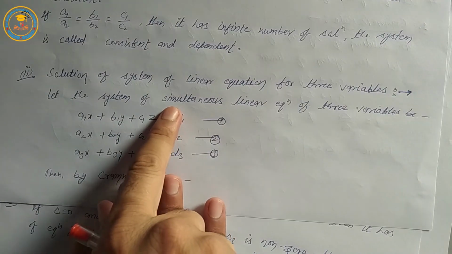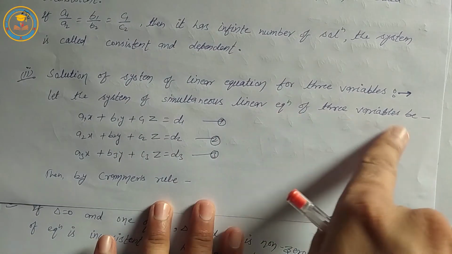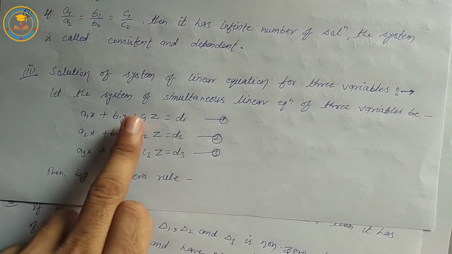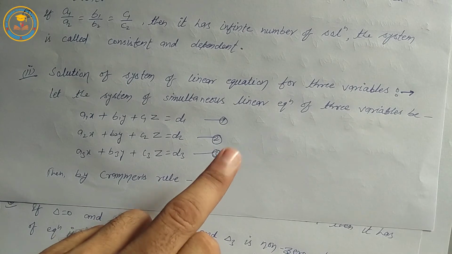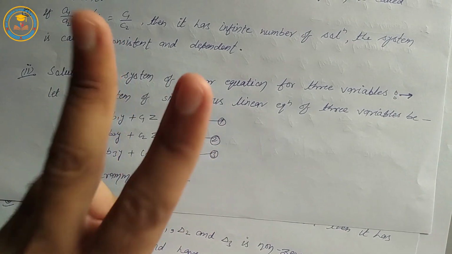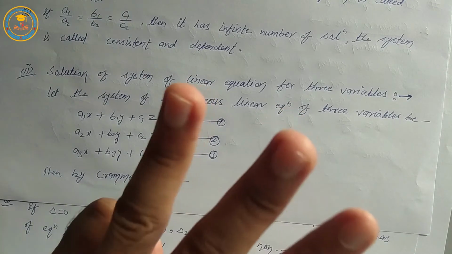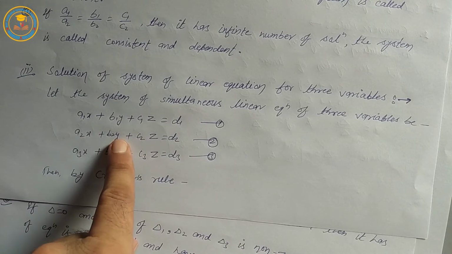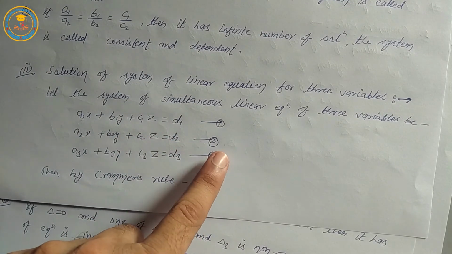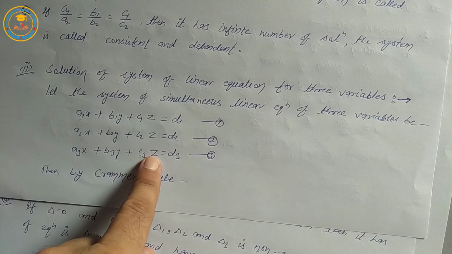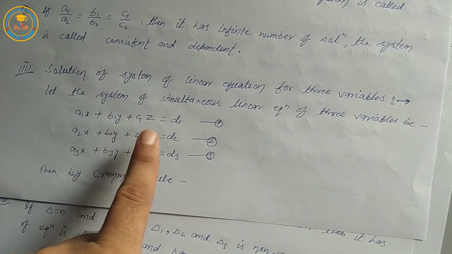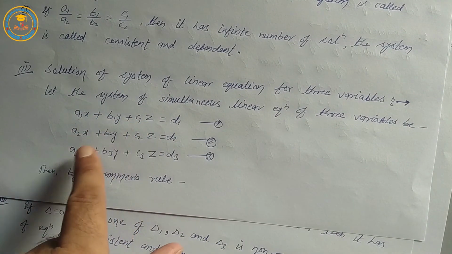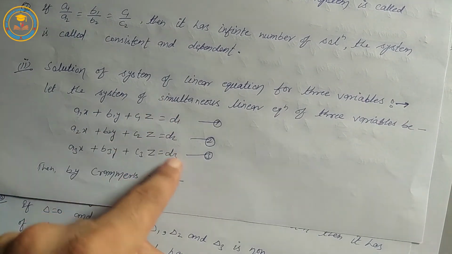Let the system of simultaneous linear equations in three variables x, y, z be a1x plus b1y plus c1z equal to d1, a2x plus b2y plus c2z equal to d2, and a3x plus b3y plus c3z equal to d3. Two variables means two equations; three variables means three equations. The coefficients of x, y, z are a1 b1 c1, a2 b2 c2, a3 b3 c3, and the constant terms are d1 d2 d3.